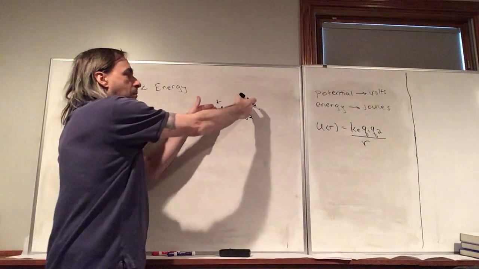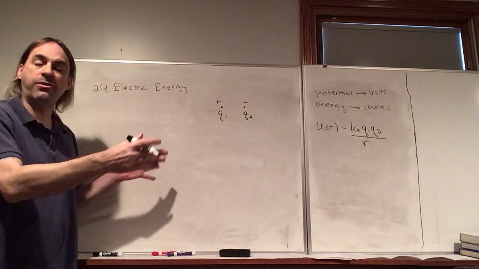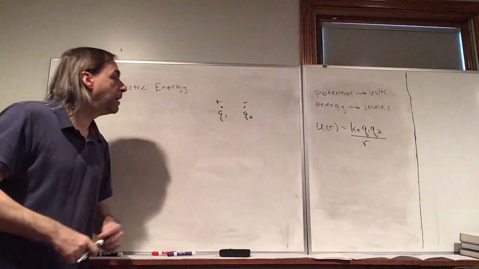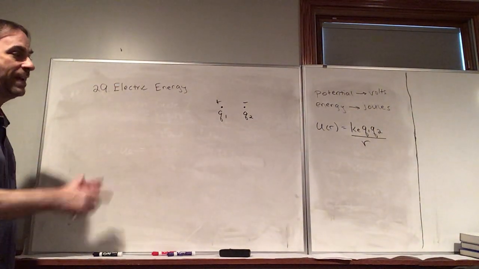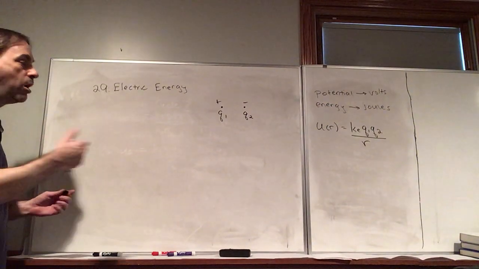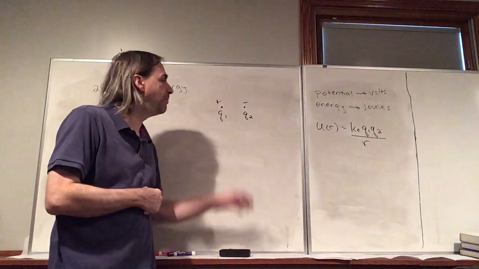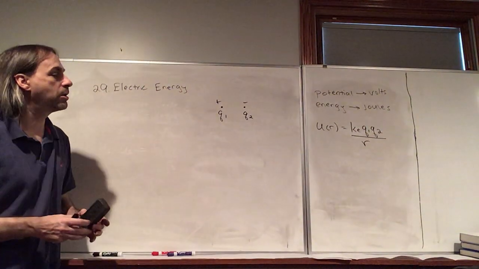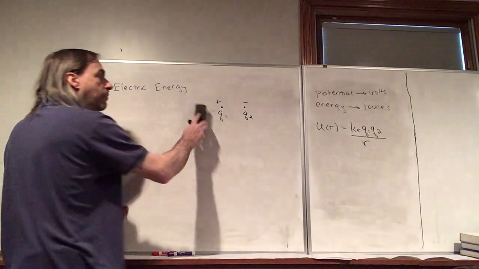If we release them, they're going to come together, and so they're both going to gain kinetic energy. So we can just talk about the energy of interaction. It doesn't belong to either particle or any particular part of the system. Just this combination of particles has a certain amount of potential energy.